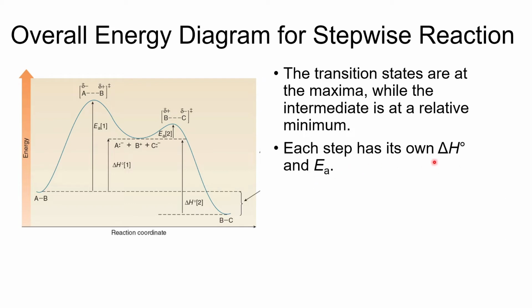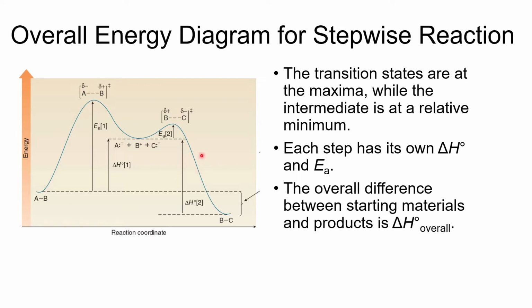We'll see that each step has its own delta H. The first step, as we saw, was endothermic, and the second step was exothermic. We'll also notice that each step has its own activation energy. I pointed this out a minute ago, that the first step has a very large activation energy and the second step has a very small activation energy. That means that our first step will be the rate determining step.